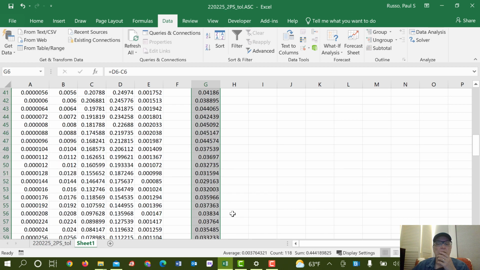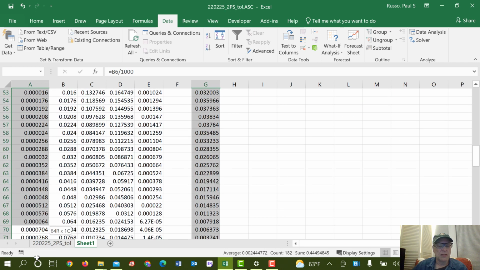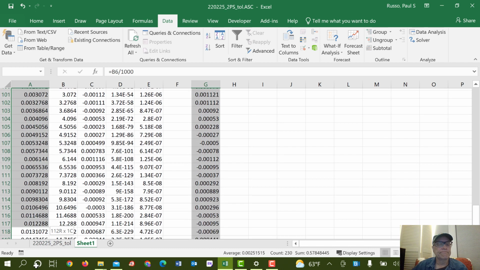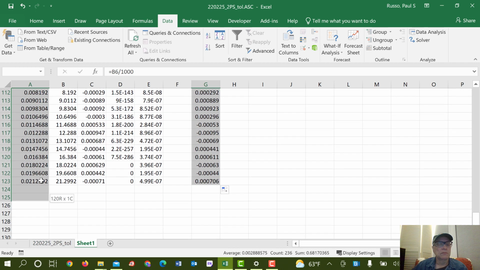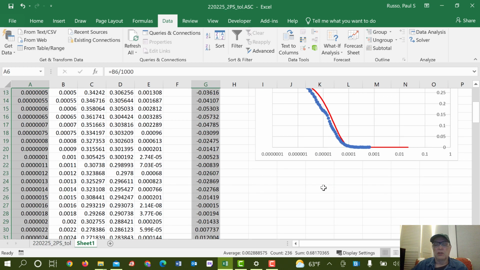Okay, so we'll grab that. And we'll control and hope it'll let me grab this too. And look at that nasty looking residuals plot.